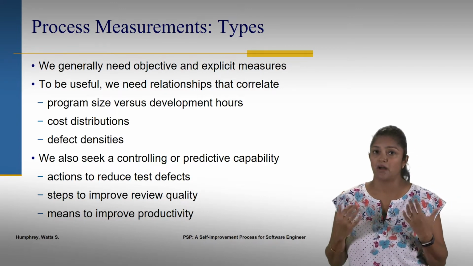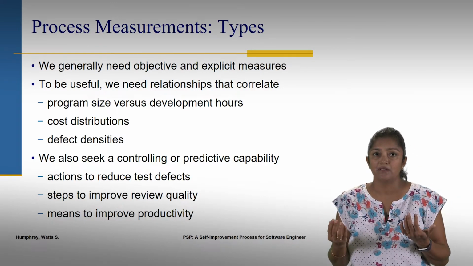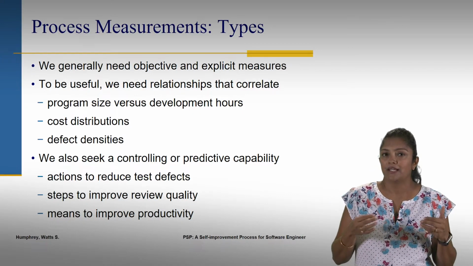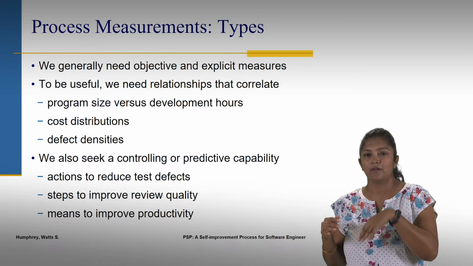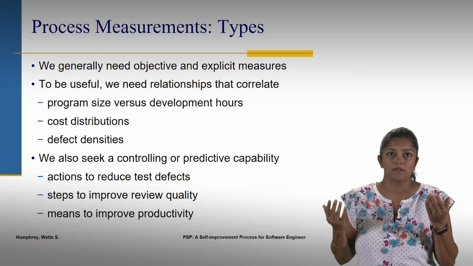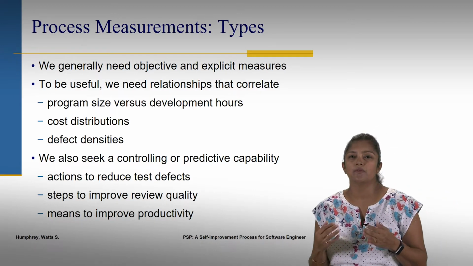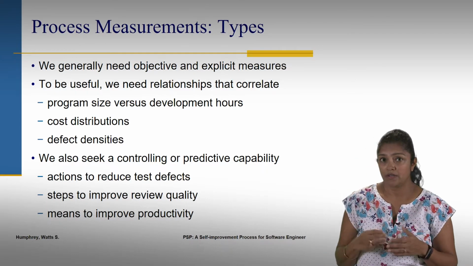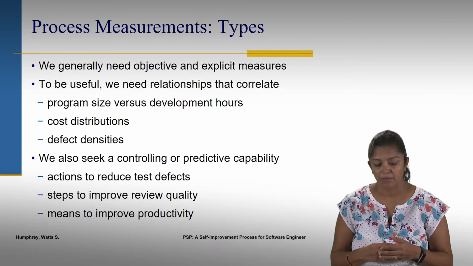Defect densities, how much time is needed to do testing, and that depends on how many defects we are likely to introduce in code that's of size, say, 1,000. Those are the kind of relationships that we're looking for, and that's the reason we're doing these measurements.